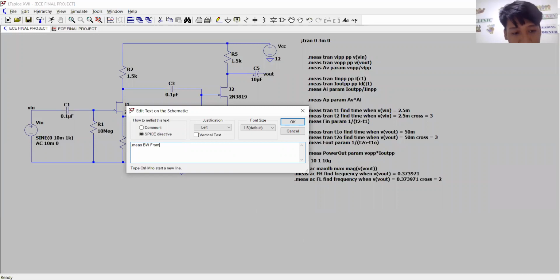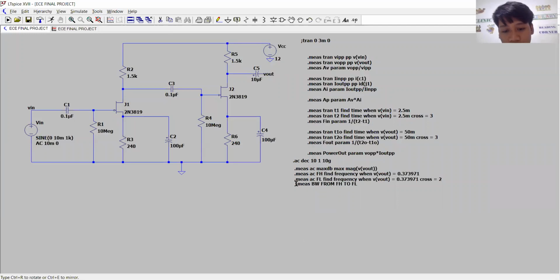Measure bandwidth from FH to FL, because in the equation of bandwidth, FH and FL are needed to find the bandwidth of the circuit.